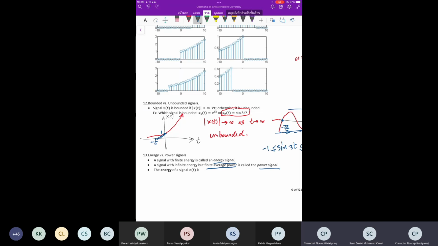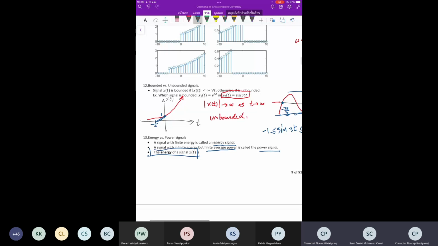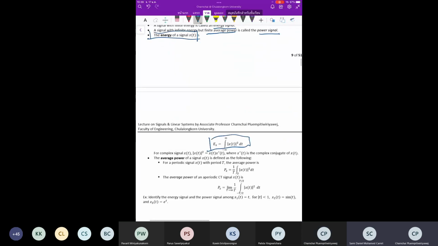What does it mean by energy? The energy of a signal is defined as this. It comes from electricity. Usually a signal's power is its square, the square of the function.